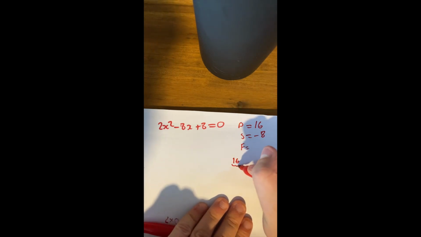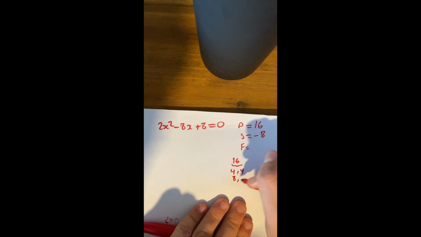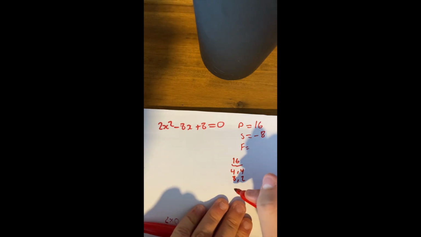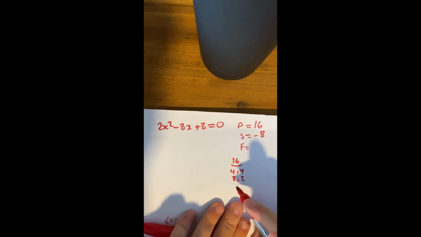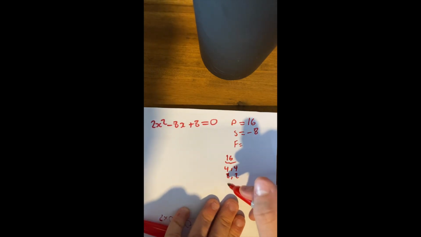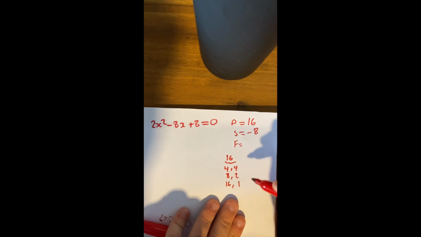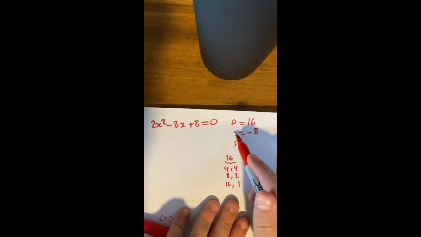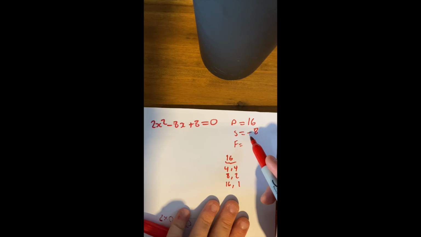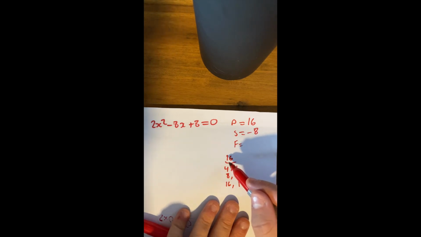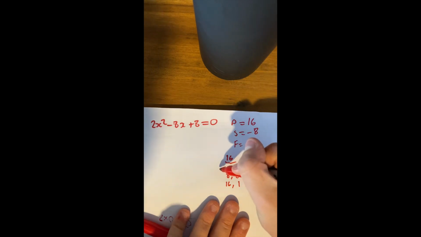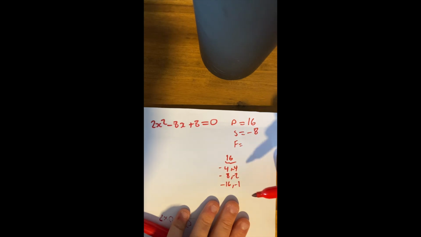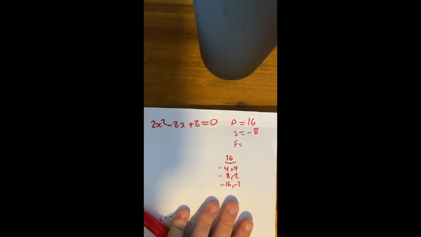So we have 4 and 4, 8 and 2, and 16 and 1. But notice how the sum of these two factors has to equal -8, while also having a product of 16, which means each of these terms has to be negative, as a negative times a negative is a positive.